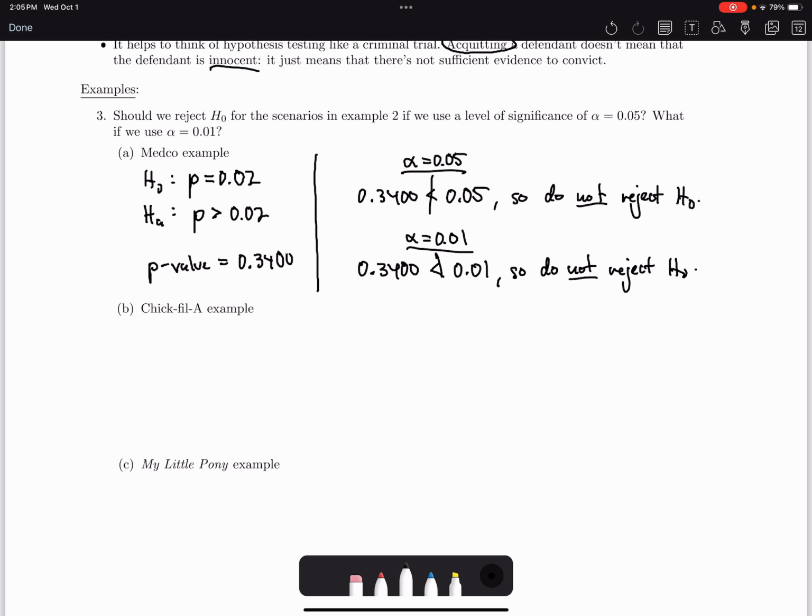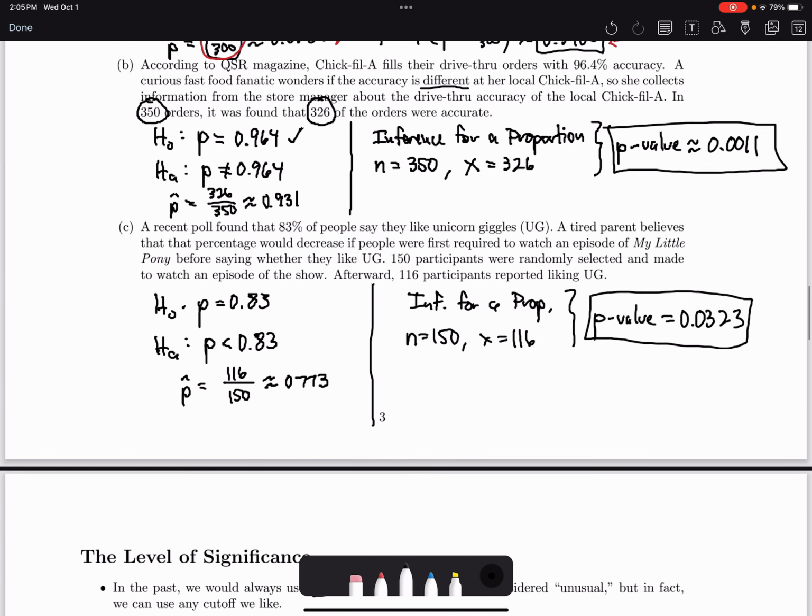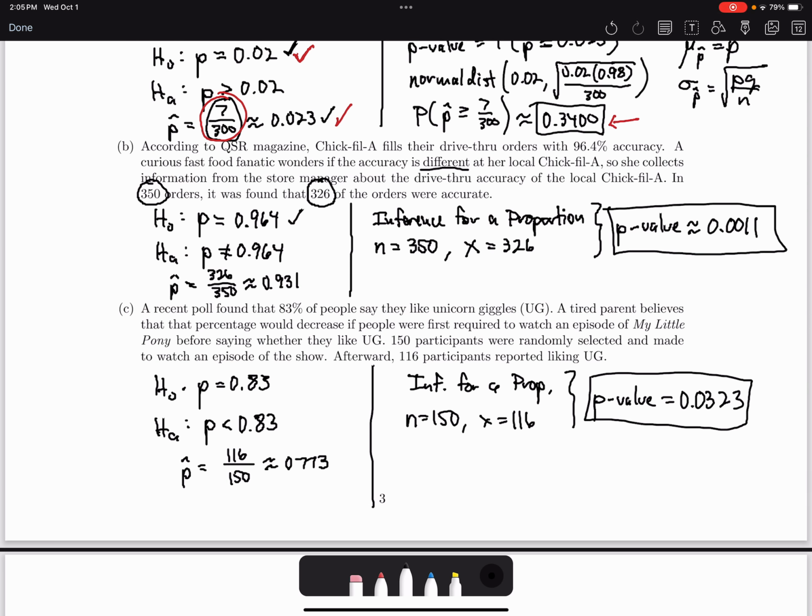Okay, what about for the Chick-fil-A example? In the Chick-fil-A example, we wanted to test P equals 0.964. We got a p-value of 0.0011.